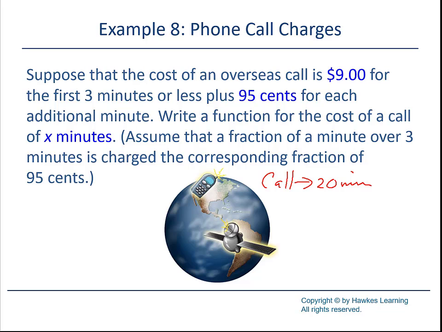Okay, the first 3 minutes are $9. That's for the first 3 minutes. Now, you stay on the line for 20 minutes, which means you've gone 17 minutes over.